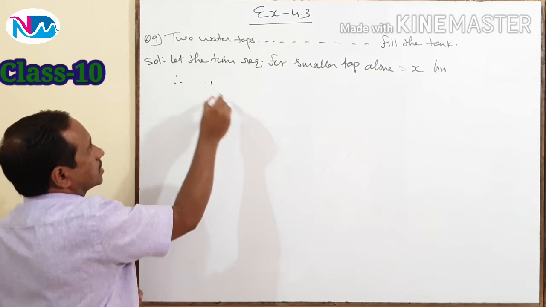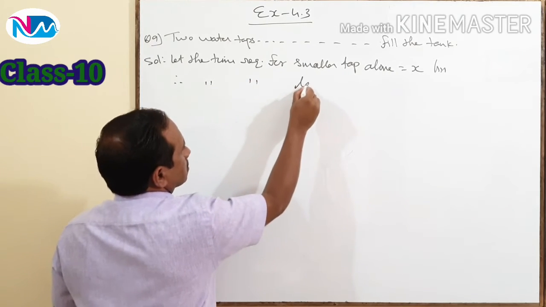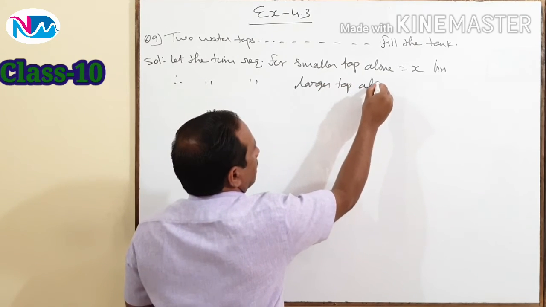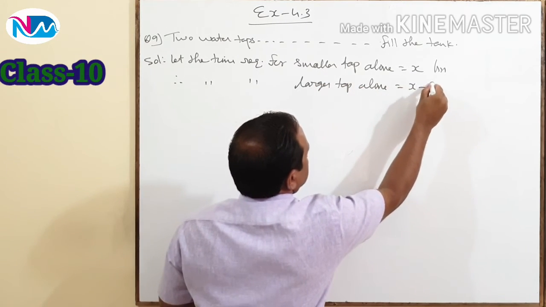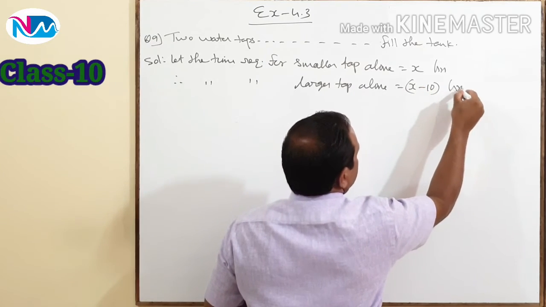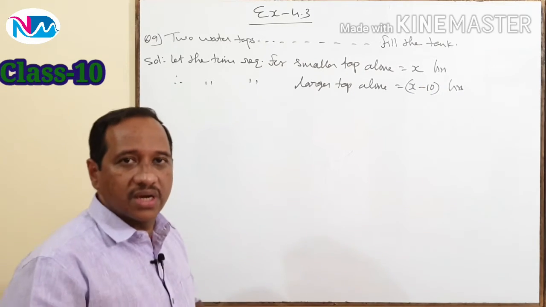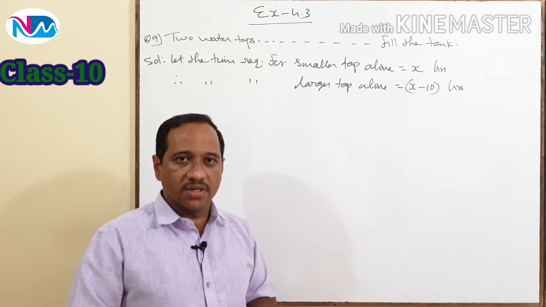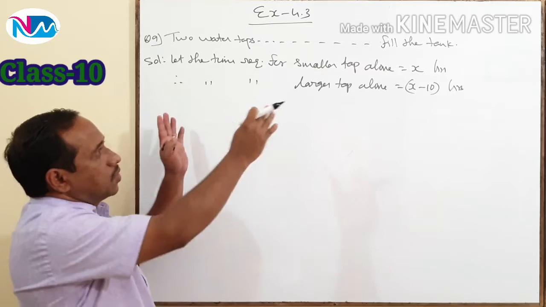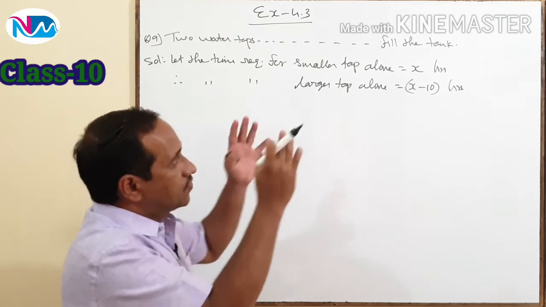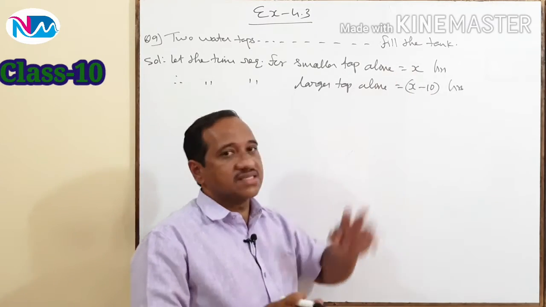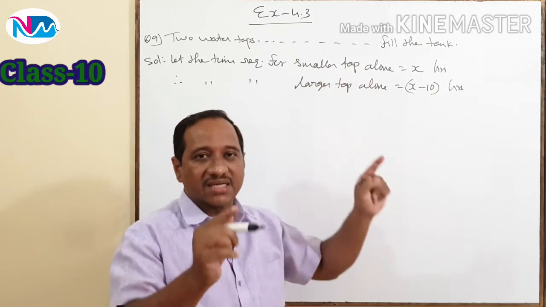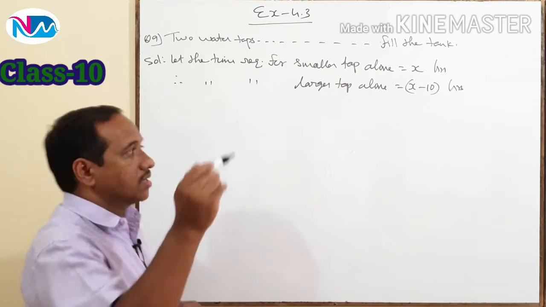Therefore, according to the question, the time required for the larger tap alone will be x minus 10 hours, because the tap of larger diameter takes 10 hours less than the smaller one. So, the smaller tap can fill the tank in x hours, which means the work of the smaller tap in x hours is equal to 1.